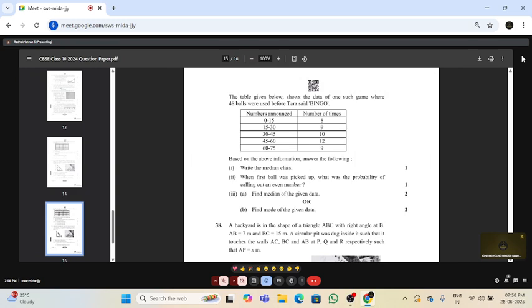Because you calculate the cumulative frequency: 8, 17, 27. The cumulative frequency in which class do the 24th and 25th lie? That means it should be greater than 17 and less than 27. So it is in this class. So the median class is 30 to 45.